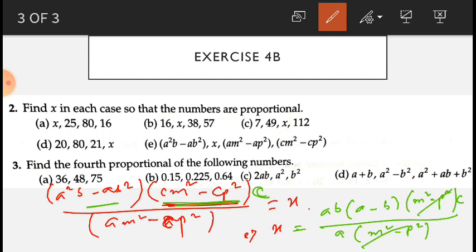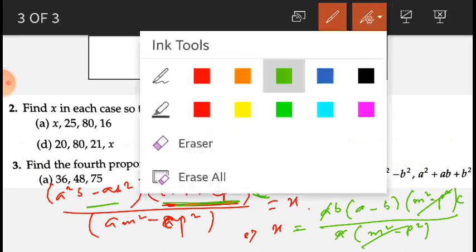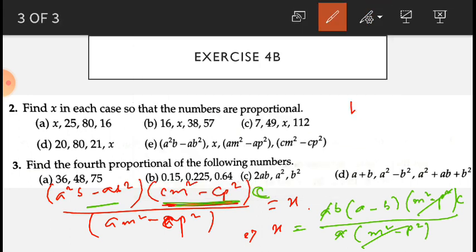So this m square minus p square will be cancelled out, this a and this a are cancelled out, so you have bc into a minus b, that will be your answer here. So this is the thing you need to do.